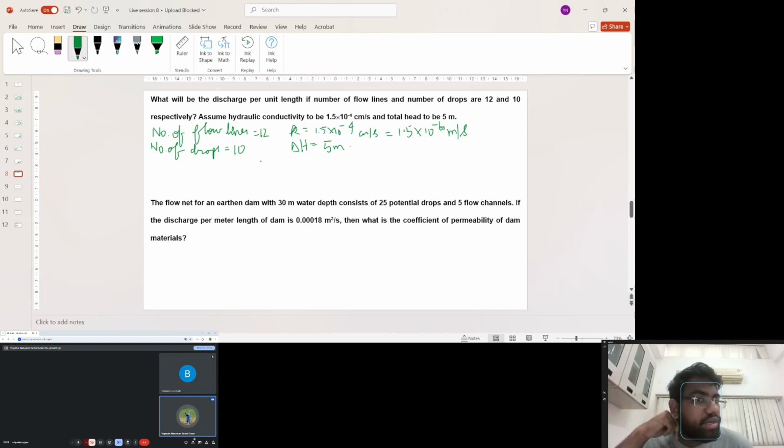Now we have to calculate the discharge per unit length, obviously, because this will be infinite in one direction. So the breadth will be assumed as 1 meter. So Q will be K delta H into NF by ND.